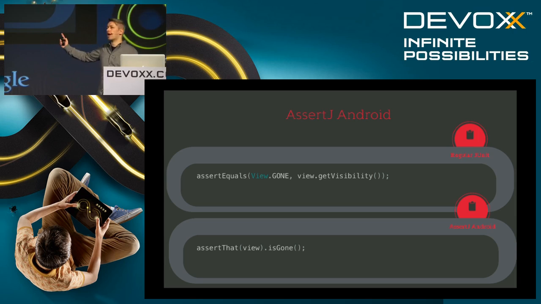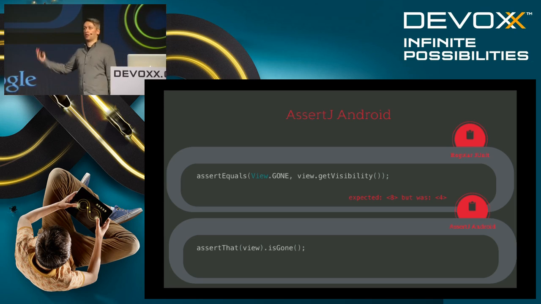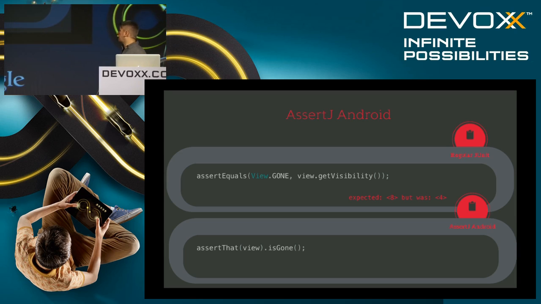And not only when you write tests, but it's even more useful when something, again, is going wrong. Let's say you have, until now, written some tests. A test fails, and you get an error message like this: expected 8, but was 4, because of all these integer constants behind the scenes. This is really helpful. Expected 8, but was 4.